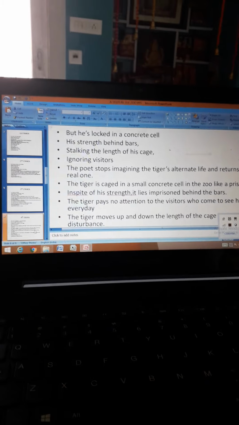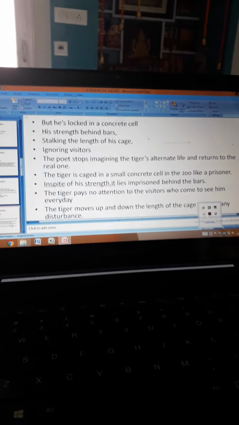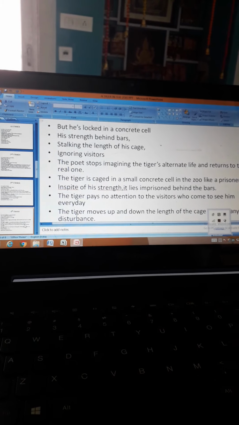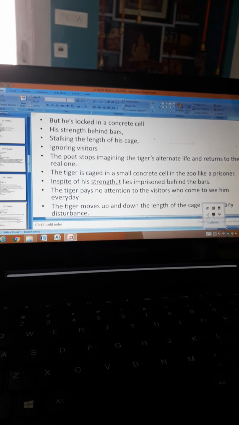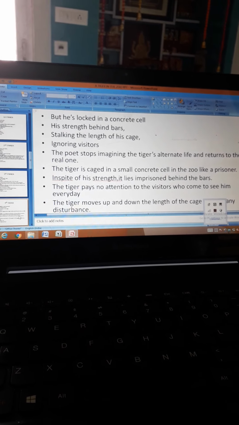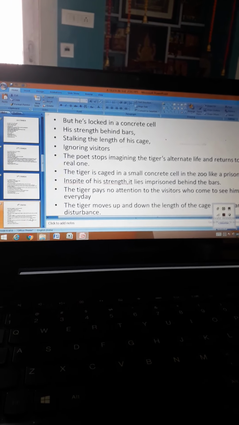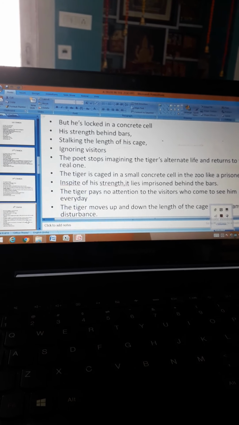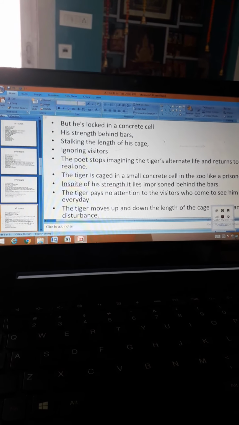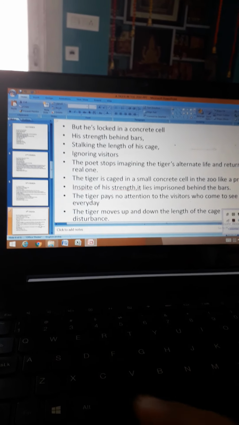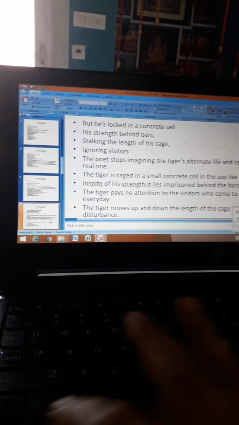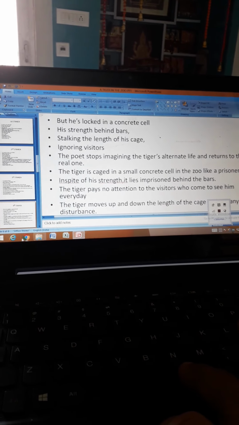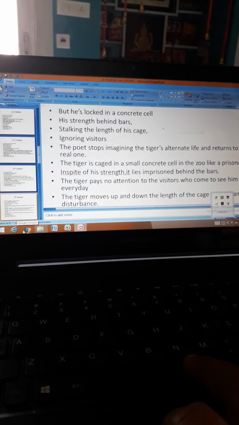Now let's move to the third stanza, children. Have a look. But is locked in a concrete cell, his strength behind bars, stalking the length of his cage, ignoring visitors. Here, the poet is imagining the tiger's life as compared to the real one, and how the tiger is caged in a small cell like a prisoner.